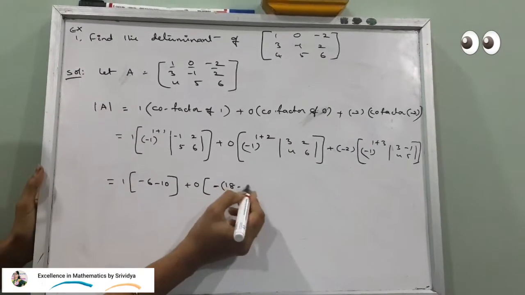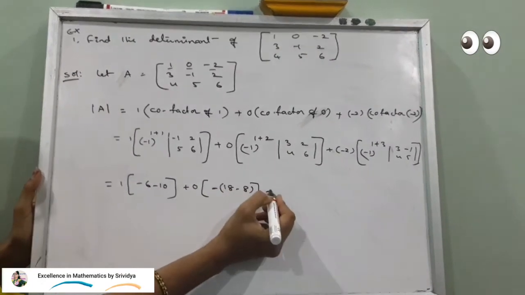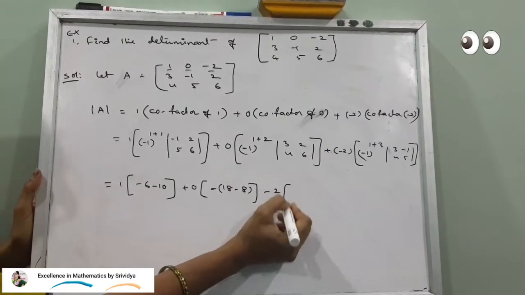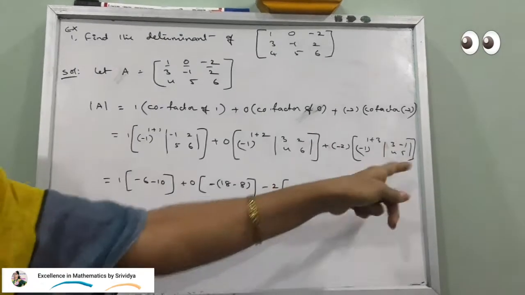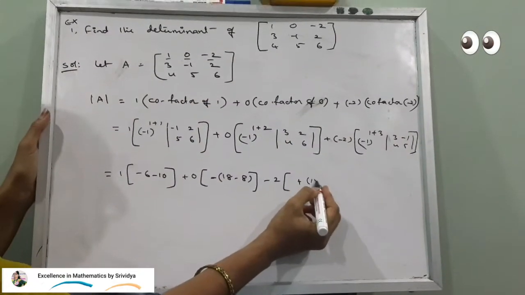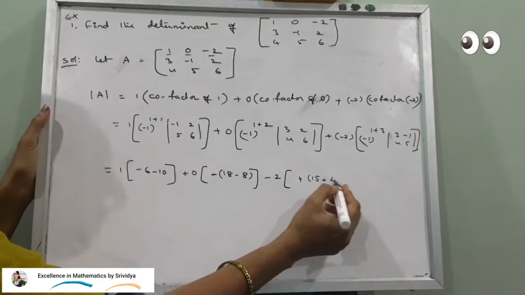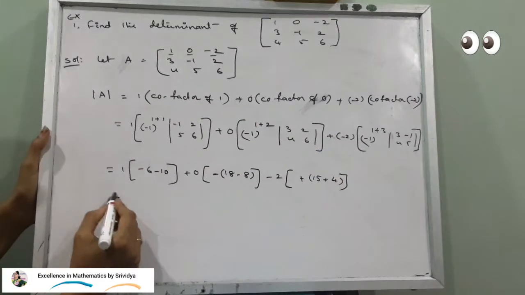Into 6, 18 minus, plus 1 to minus 2 into minus 1 whole power 4, plus 3 into 5, 15, minus into minus, plus 4.